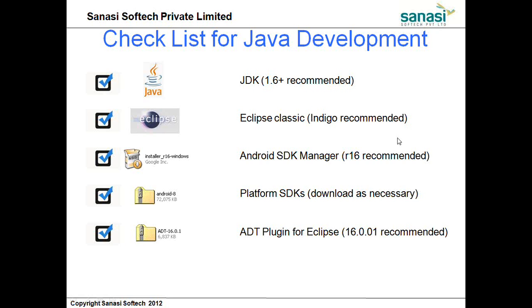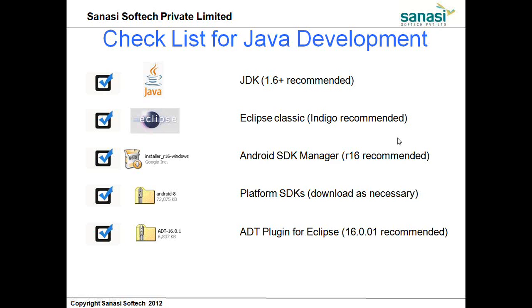And of course, then it depends on how many Android versions of the operating system that you want to target when you're building the application. So based on every single version that you want, you'll have to download as many SDKs. So for example, Android 2.2 is Android 8 in terms of the API level, and Android 10 is, for example, 2.3.